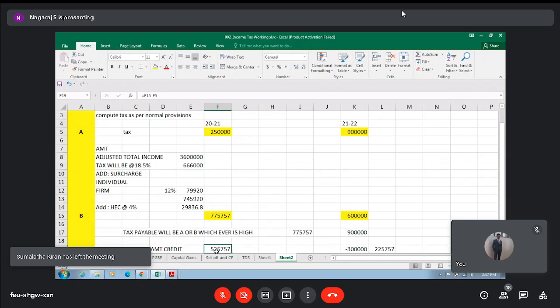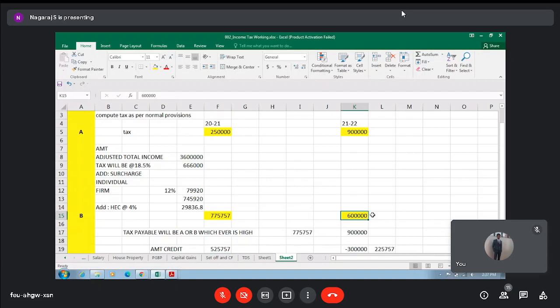Fourth question, how much AMT credit can be set off? The AMT credit can be restricted to the difference of tax on normal provision and tax on AMT, whichever is less. Till that only you have to restrict.